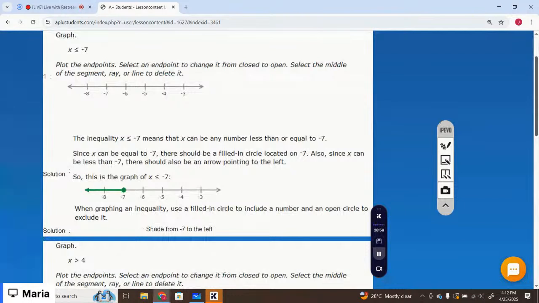Also, since x can be less than negative 7, there should also be an arrow pointing to the left. It points to the left side because on the negative side, as you are moving far from zero, the numbers are getting smaller and smaller.